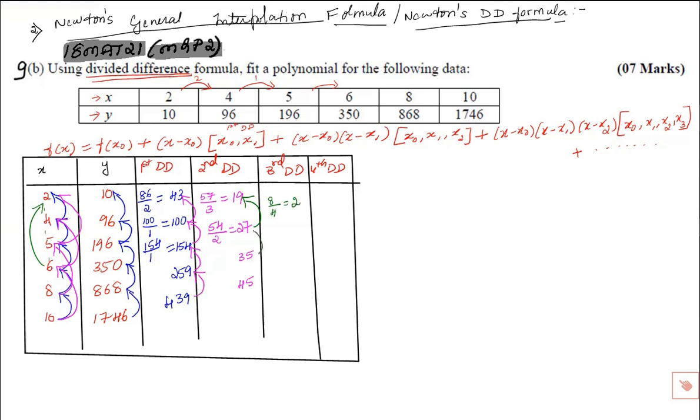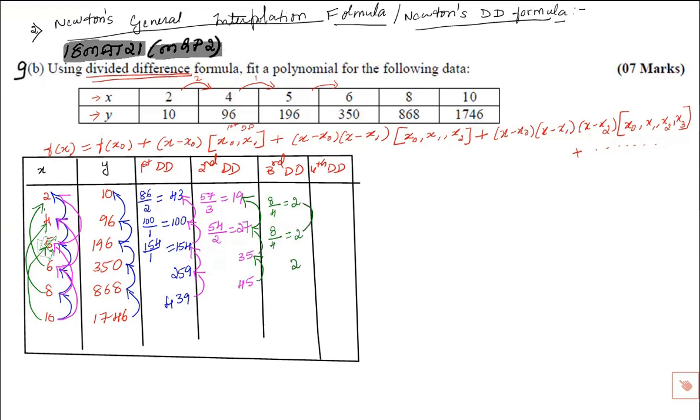Similarly, 35 minus 27, that is 8, divided by 8 minus 4, that is 4. So the answer is 2. Similarly, 45 minus 35 divided by 10 minus 5, that is 5. So the answer is 10 by 5, again equal to 2.